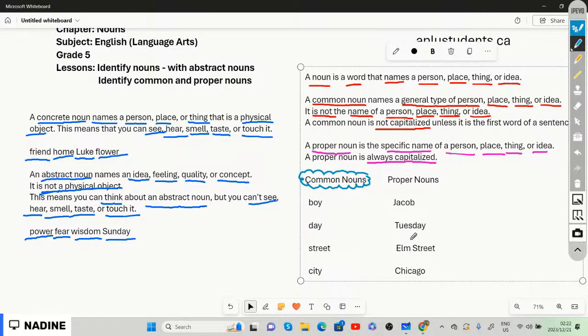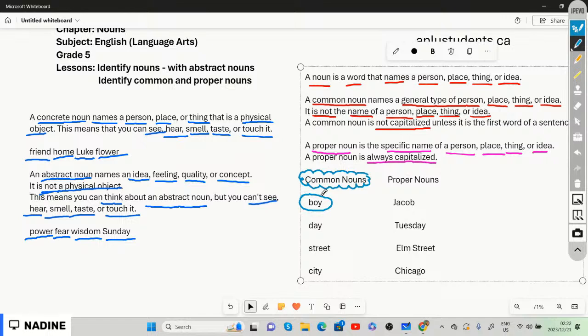For example, if we are going to generalize and give a general name of a person, then instead of giving the name of the person, we just say that this is a boy. So common noun is like saying the boy. So the boy kicked the ball, but they're not saying who that boy is.